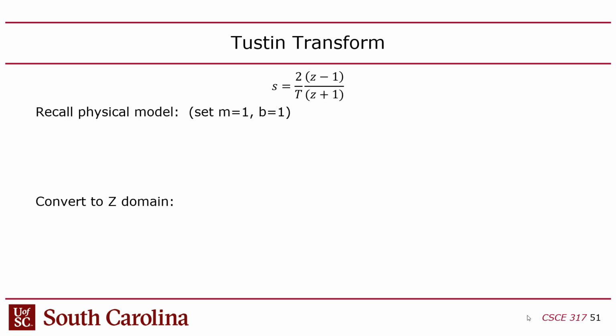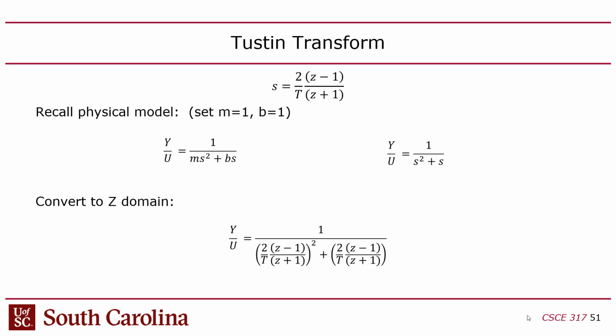Okay, so the final thing I have is the example I had before, which is my robot coin thing, which is 1 over ms squared plus bs. That's my plant model. I'm going to convert that to the z domain.